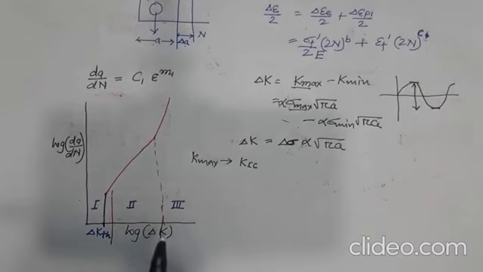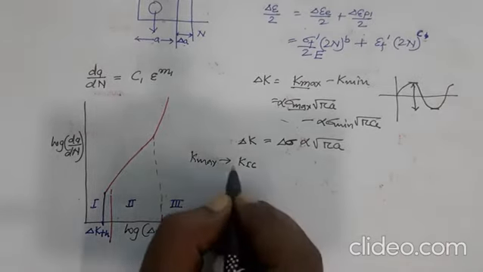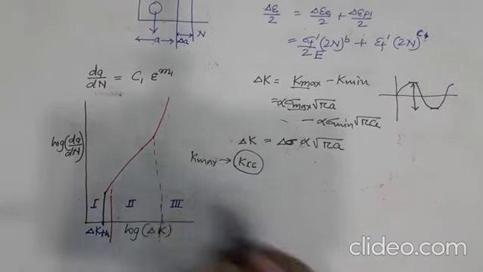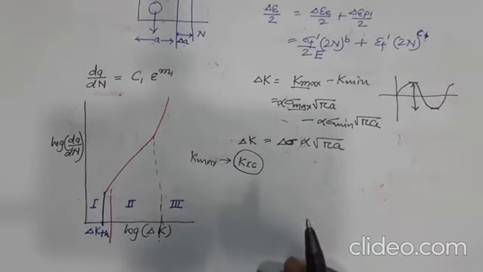So you are applying such a high stress that the crack resistance of the material can no longer hold the crack driving force. So you are supplying too much energy to the crack to grow, and the material cannot resist it because we have reached the fracture toughness of the material. And once we reach that, the crack is not going to stop.